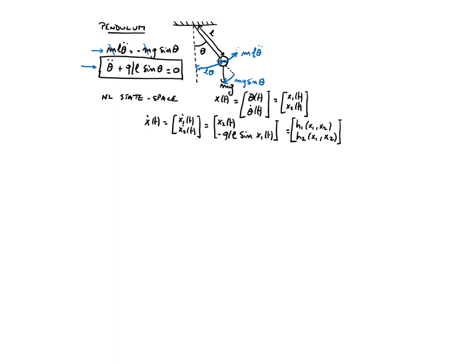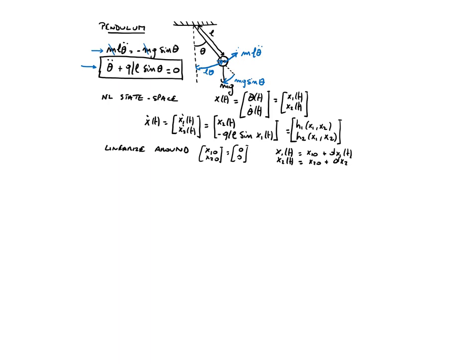So this is the nonlinear state space description, and what we can do now is linearize around x1 0, x2 0, that is in our case the origin, right? We linearize around theta is equal to 0 and theta dot is equal to 0. This means that we take x1 of t to be x1 0 plus a variation, and we do the same thing for the second variable.